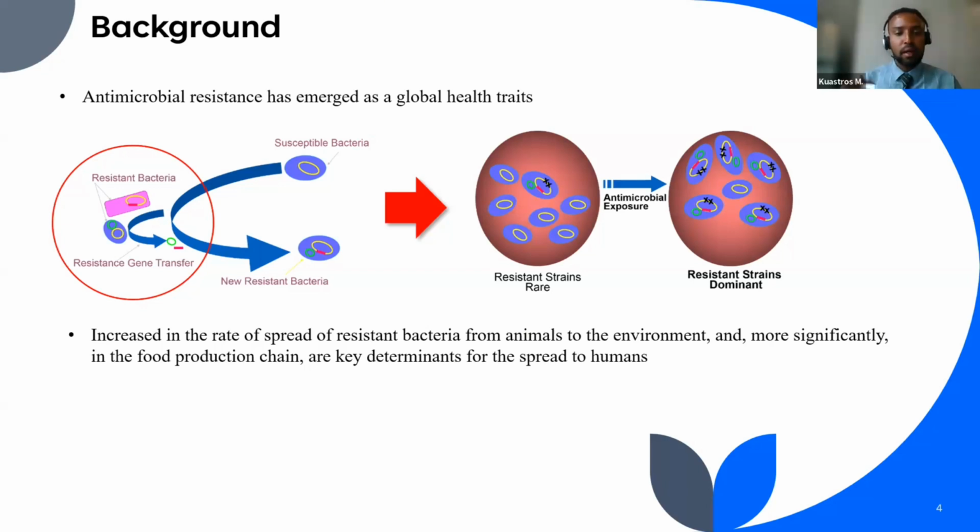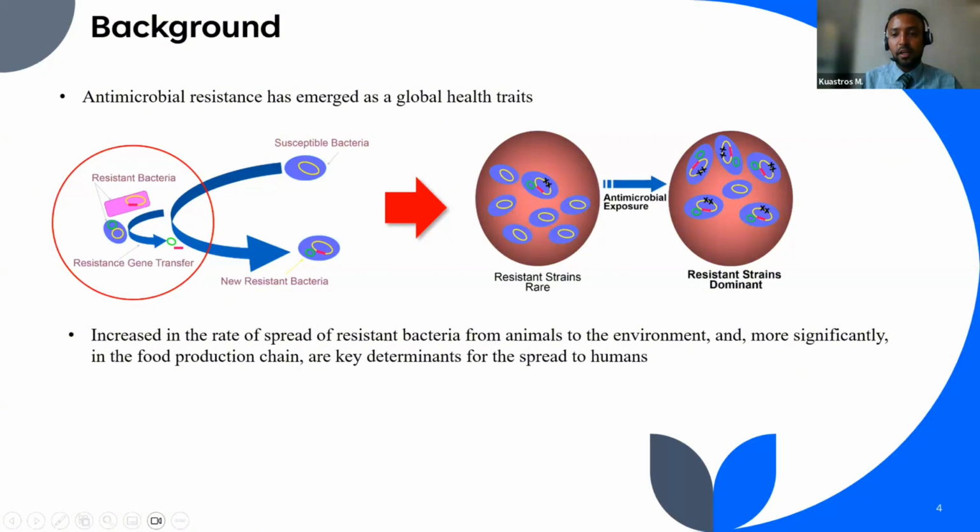This antimicrobial exposure also aggravates the spread of resistant strains, or very rare resistant strains, as you see on the right side of the picture. Some very few resistant strains transfer their genes through plasmids or other resistance transfer mechanisms, so more resistant or dominant strains arise nowadays.